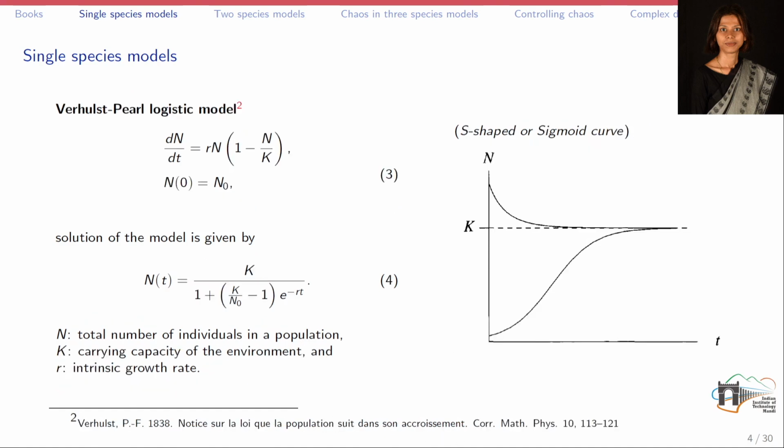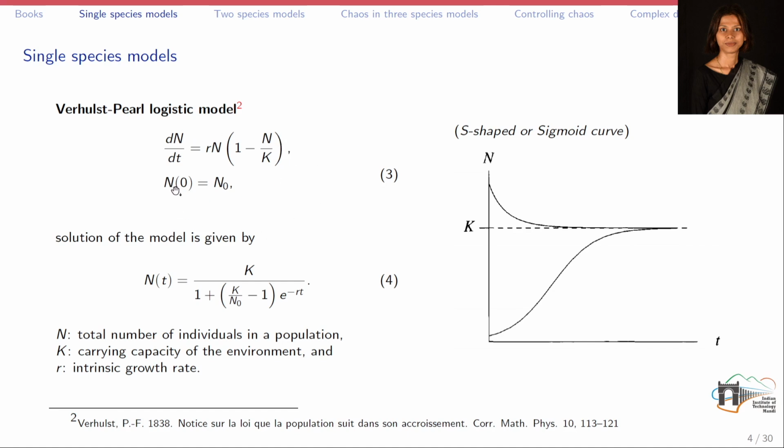Moving on to the next mathematical model, which came at the time when this Malthusian model was very popular. At that time, Verhulst and Pearl proposed this particular model in 1838. This particular model was the first explanation of what currently is known as the logistic equation or the logistic mathematical model.